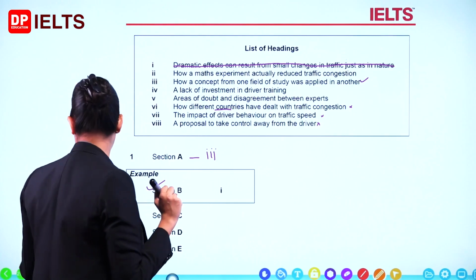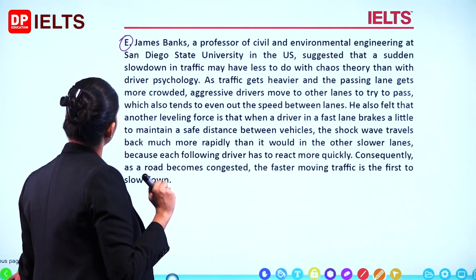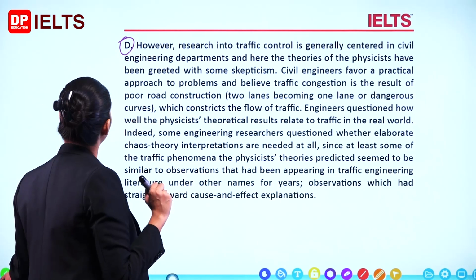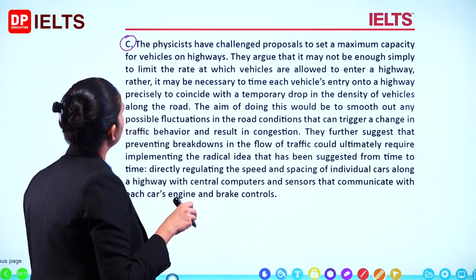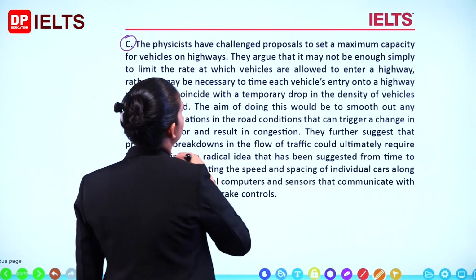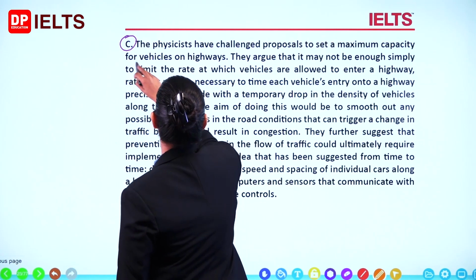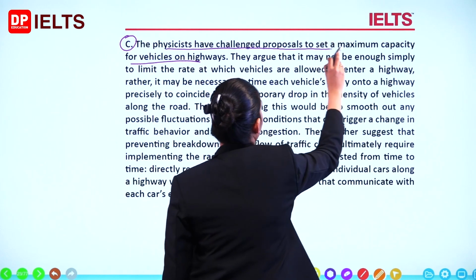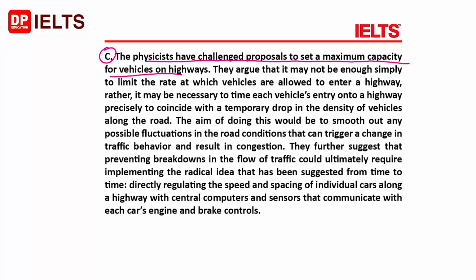Next one, section C. So when we go to section C, the physicists have challenged proposers to set a maximum capacity of vehicles on highways, right? They argue that it may not be enough to simply limit the rate at which vehicles are allowed to enter the highway, right?